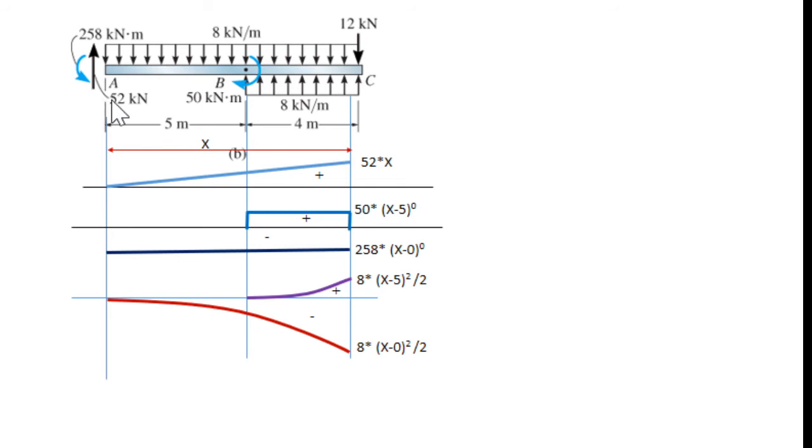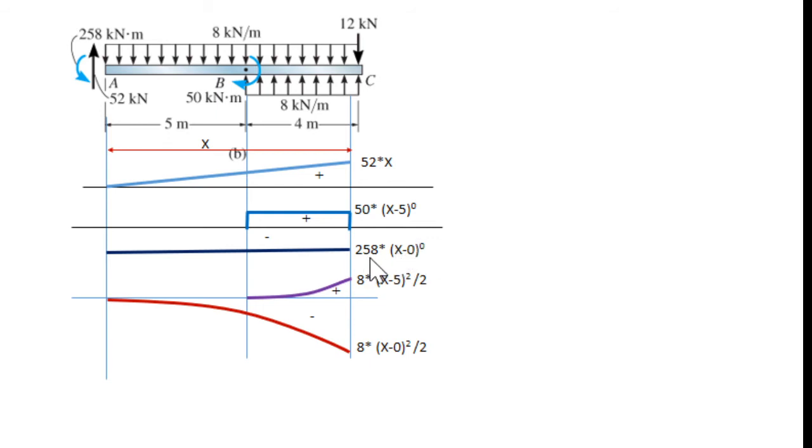For this 52 kilonewton upward load, the moment diagram will be 52 multiplied by x. For this 258 kilonewton meter couple, the moment diagram will be this line. It will start from here towards the end of the section, 258 multiplied by x minus 0 to the power 0. x minus 0 to the power 0 means it is 1.